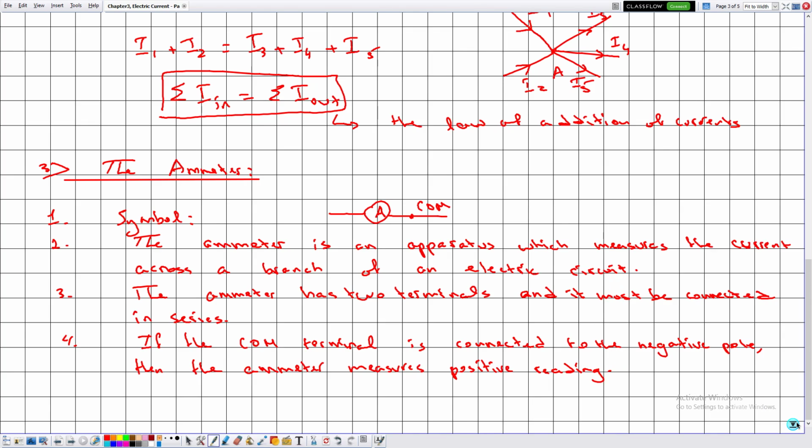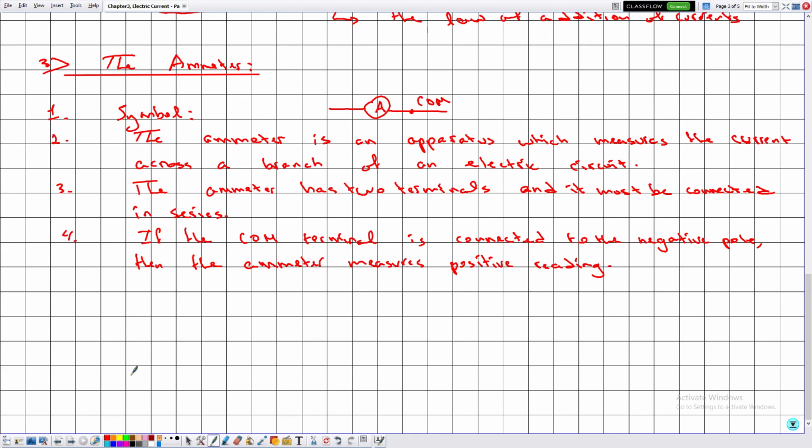Now idea number 5: if the COM terminal is connected to the positive pole, then the ammeter measures a negative reading.